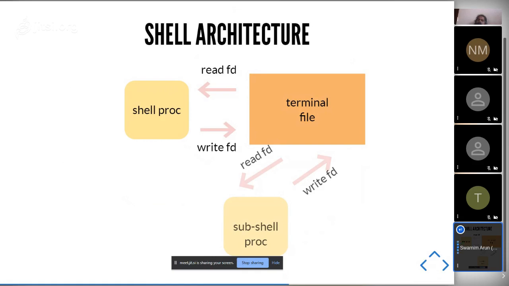So you have a shell process, which is shown to you in a terminal emulator. You have a terminal file which it reads and writes to, and then you can create sub shell processes, and it will inherit the same file descriptors to the same terminal file for reading and writing.